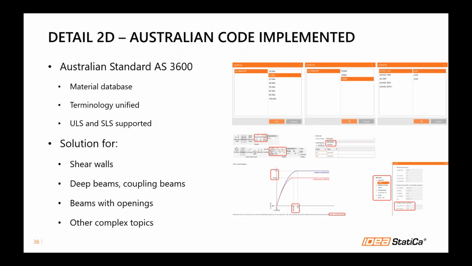All right, the regional improvements don't end here. I have great news for all engineers who use the Australian standard AS 3600 for their projects, because this code has been fully implemented into IDEA StatiCa Detail, including material database, terminology, etc. So whenever you have to deal with shear walls, D-regions or coupling beams, beams with openings, and other complex elements or parts of the structure, you know that your linear approach is simply not enough.